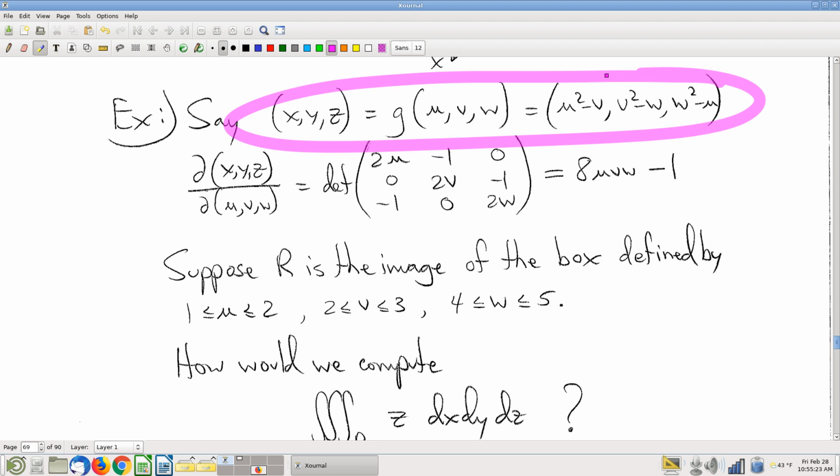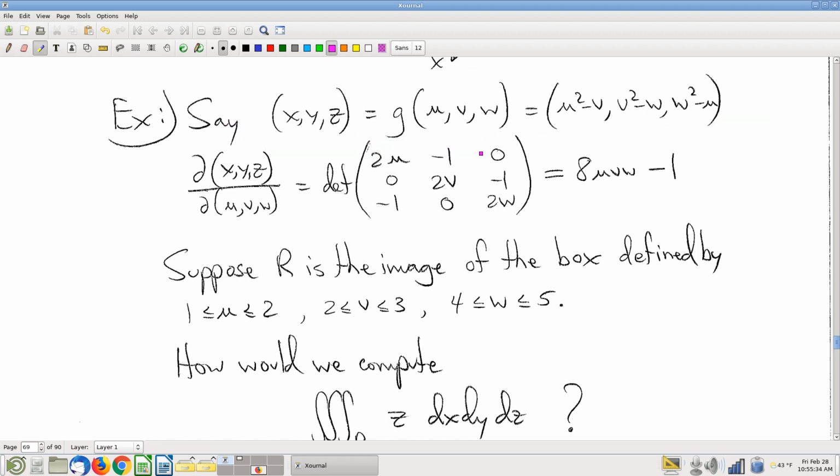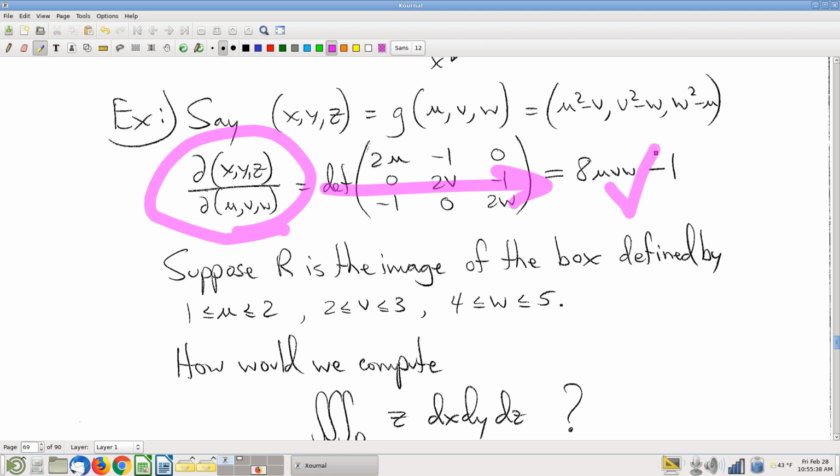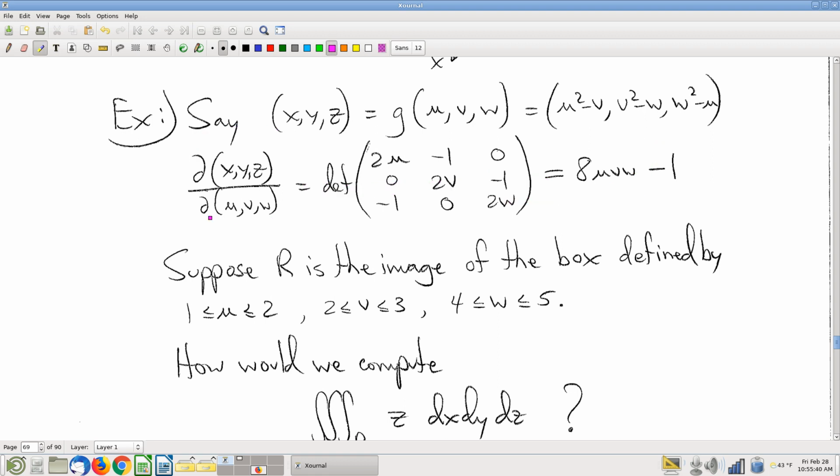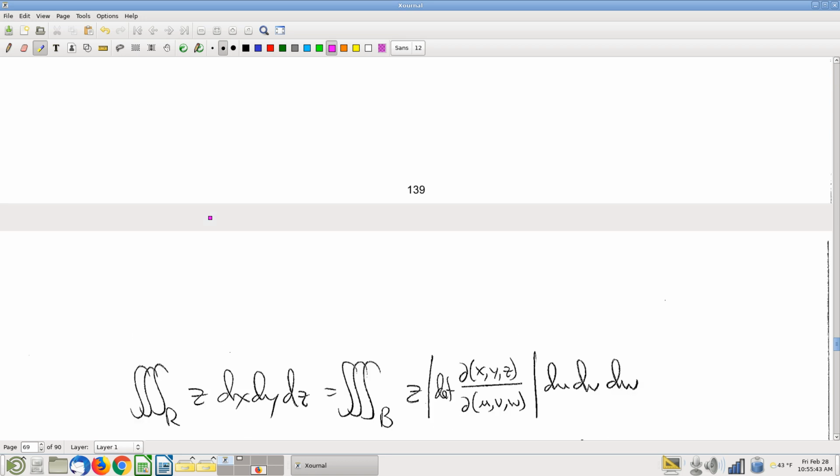So here, same story, plus added geometric challenge of visualization. So it's hard. Anyway, in this example it's given, and then the Jacobian determinant, plug and chug, there's our stretching factor.